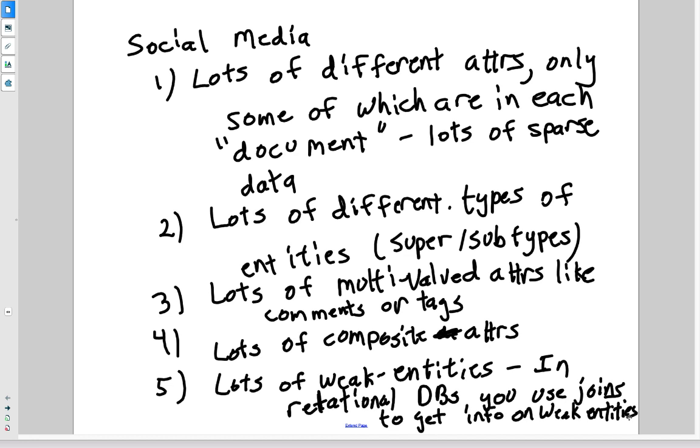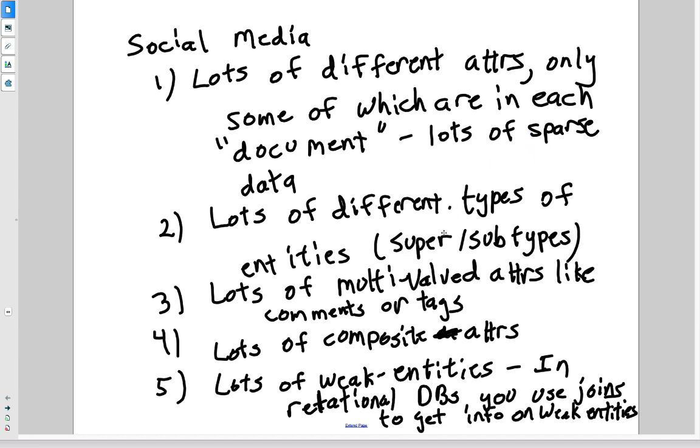So there's a bunch of things about social media data that is not well handled by relational databases. This caused the developers of social media to cast about for some kind of alternative type of database that might address these difficulties. Okay, so one difficulty is that the storage for relational databases could blow up as you have all of this sparse data.